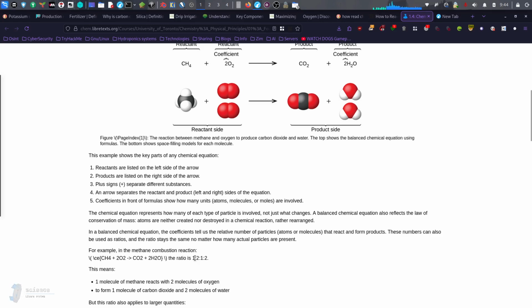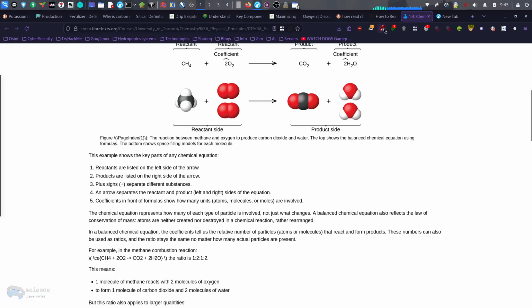We can translate this to 1 liter of one liquid, 2 liters of water, and this plus. Okay, these numbers, coefficients, can also be used as ratios, as the ratio stays the same no matter how many actual particles are present.